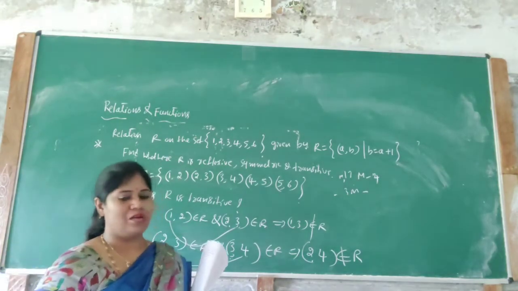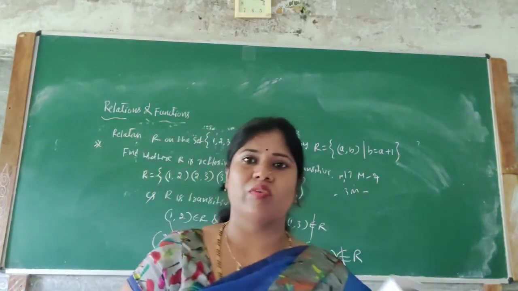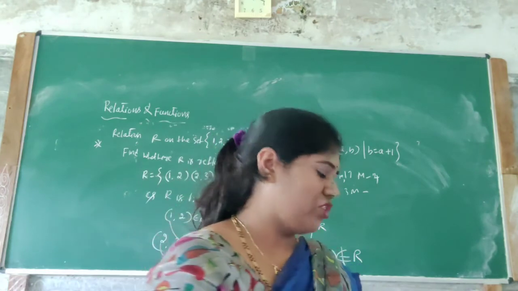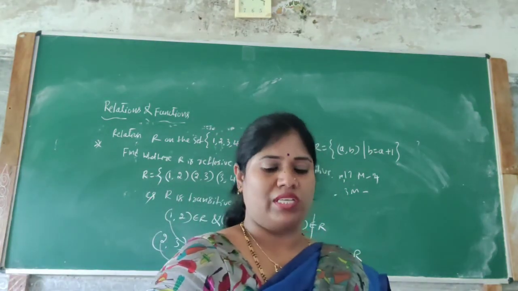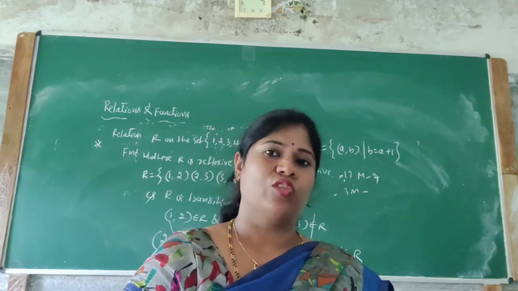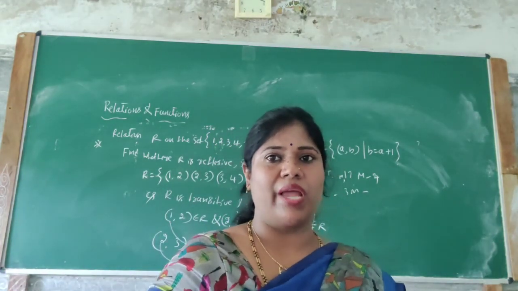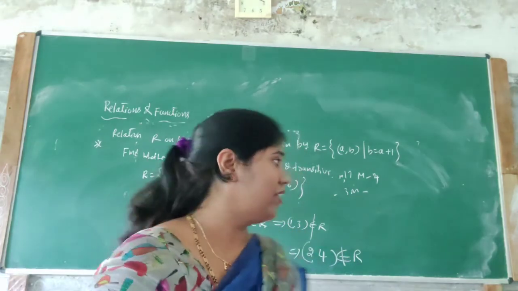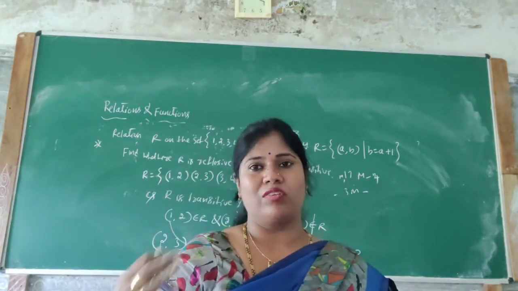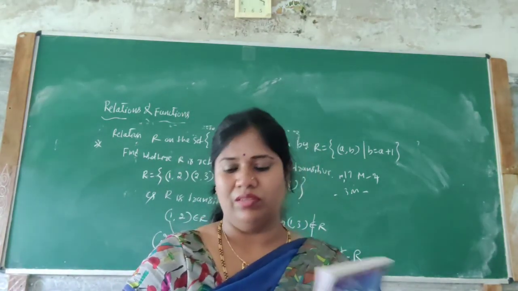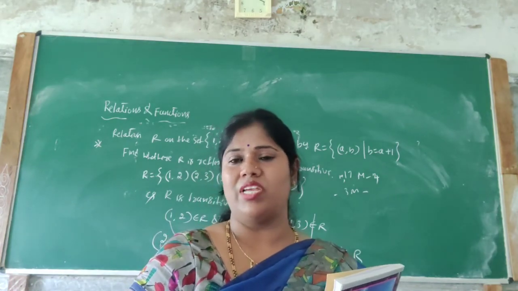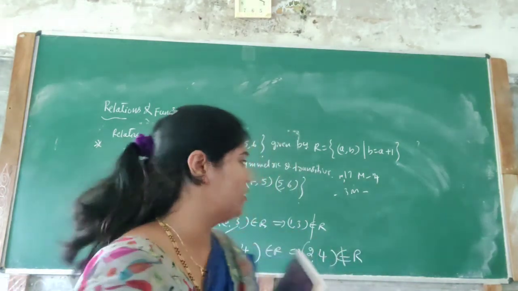Okay? These are the examples. Tomorrow, in the next session, we are going to continue the 3 marks examples. Students, write each definition 3 times, each example 3 times, at least 3 times. We have to get practice. Then only we can do the examination easily without any tension.